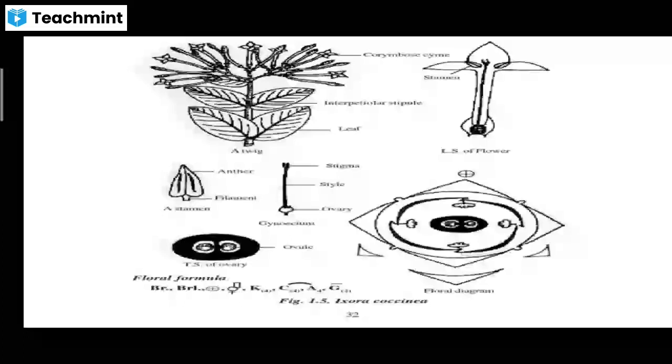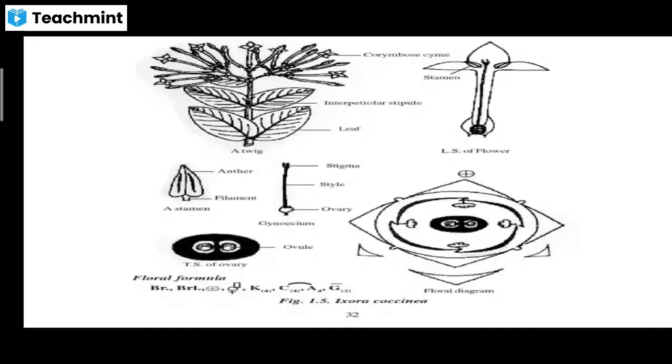Then about the floral diagram. So here at the outer side there is the actinomorphic sign. Then there are three bracts or bracteoles present at the base of the flower. They are mentioned. Then at the inner side, four sepals and four petals are there.